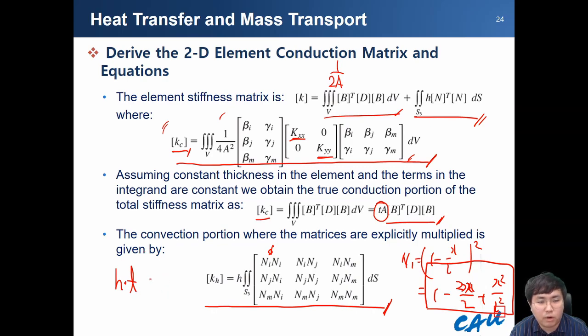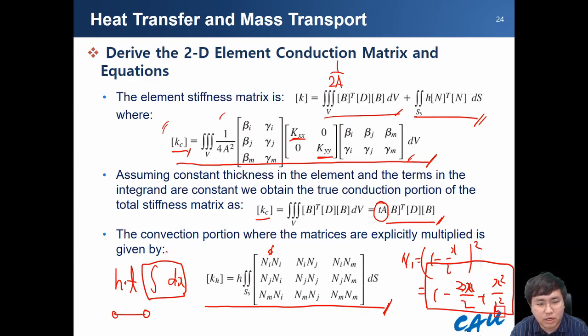However, I'm not sure how you can integrate the remaining x part. Sometimes you can easily integrate it, however, a more convenient way is to apply the Gaussian quadrature integration.